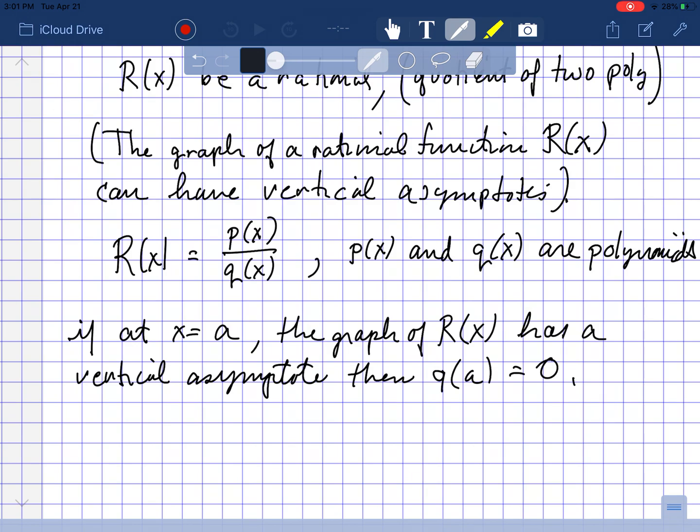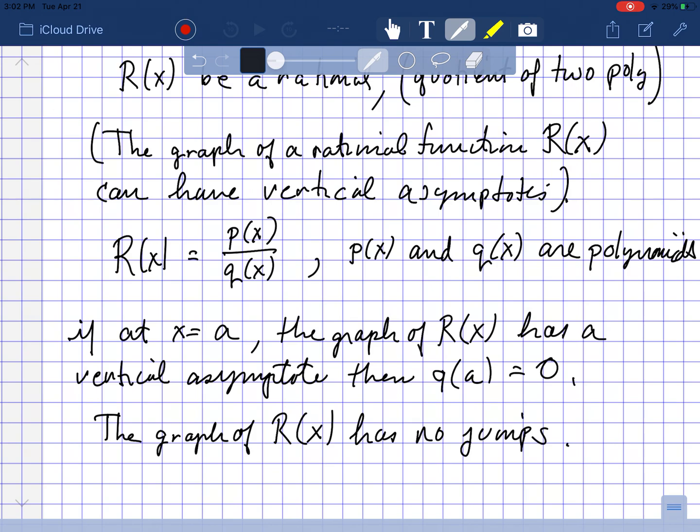So aside from those points at which the polynomial in the denominator vanishes, equals 0, what we can say is the graph of a rational function has no jumps. So the graph of r of x has no jumps.